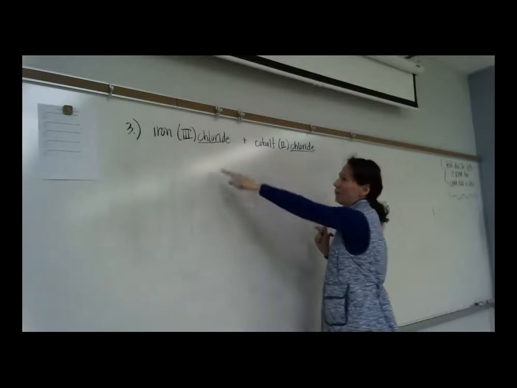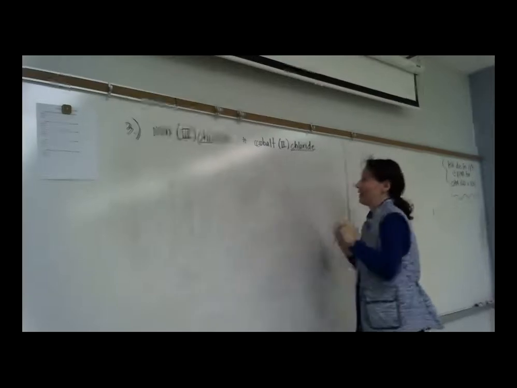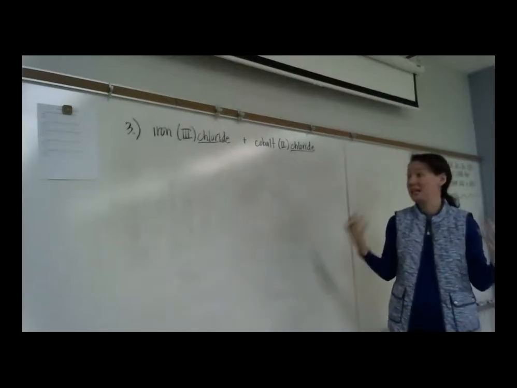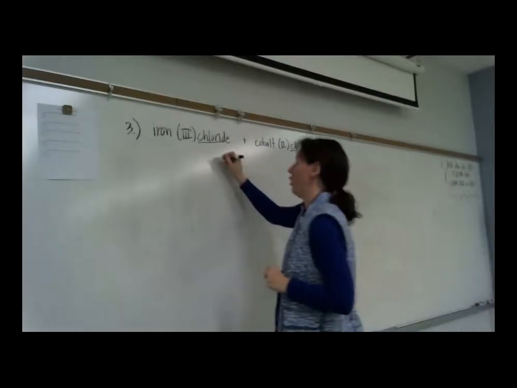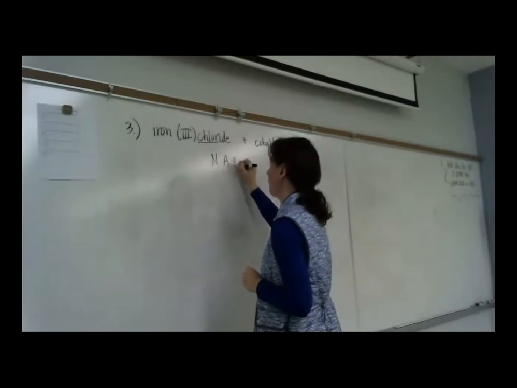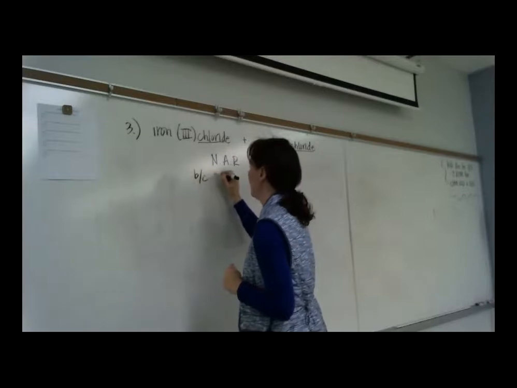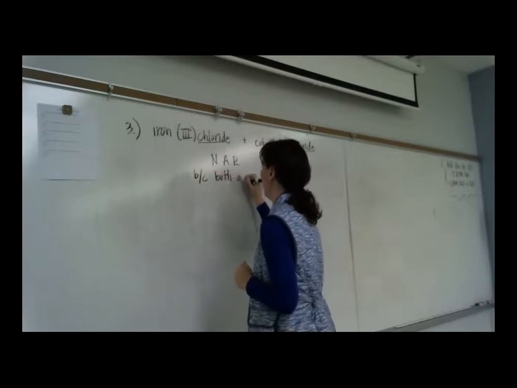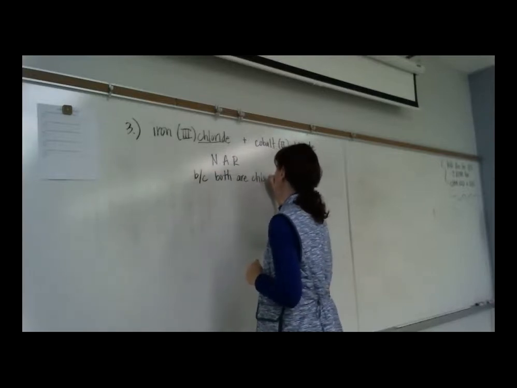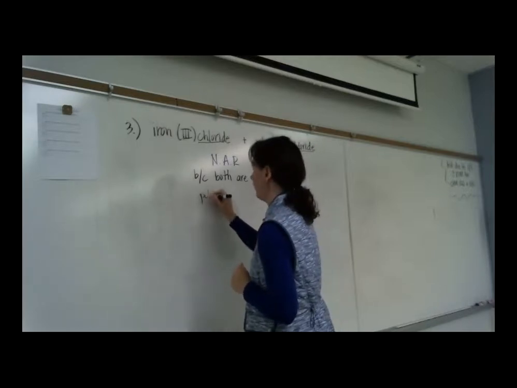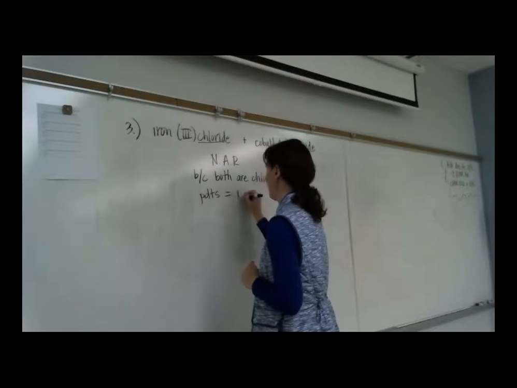Cobalt 2 gets together with chloride. Hey, it's the exact same, right? You can say this is no apparent reaction before you even write a molecular equation because both are chlorides. Products are the same as the reactants.